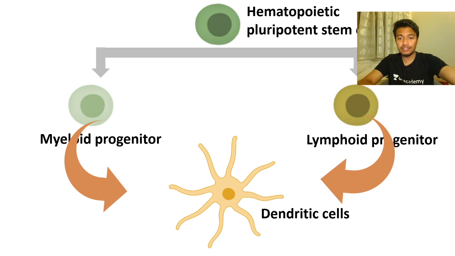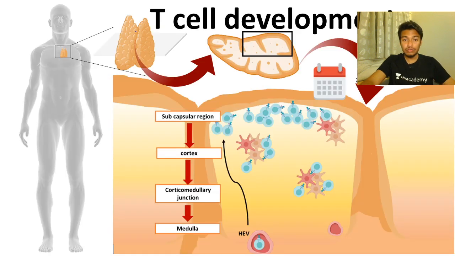Dendritic cell is an antigen presenting cell, and it's named dendritic cell because it has an appearance of dendrite-like projections that you see in neurons. So that's why they are known as dendritic cells, but they don't have dendrites or axons like the neuron has, right? Okay, so now let's focus on T cell development.